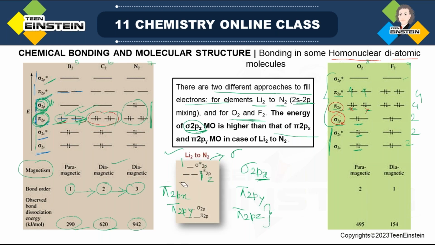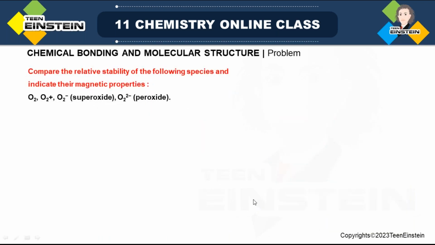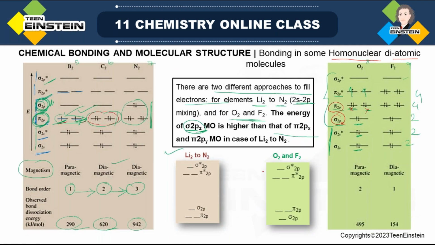If you highlight this part of the molecular orbital diagram for lithium 2 to N2, you can see sigma 2p star, then pi star 2p. Just focus on this part. And for O2 and F2, sigma star 2p, then pi star, then sigma, as if in between the two sigma there are 2 pi. So this is the difference.